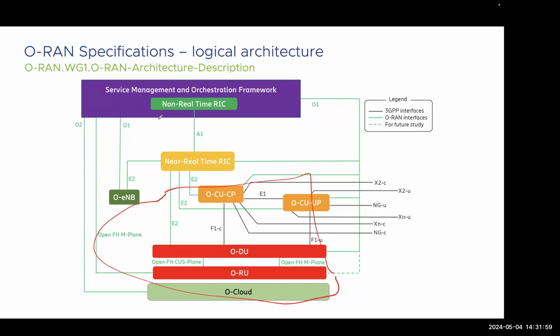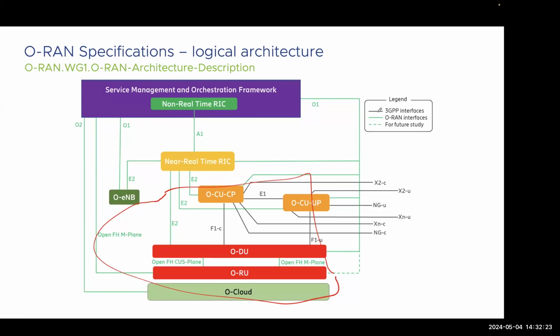Now, this is a reference architecture. Defining interface points was not mentioned before. Multi-vendor operation, multi-vendor cloud stack with their own hardware and software, multi-vendor radio unit and baseband unit software, all cloudified.